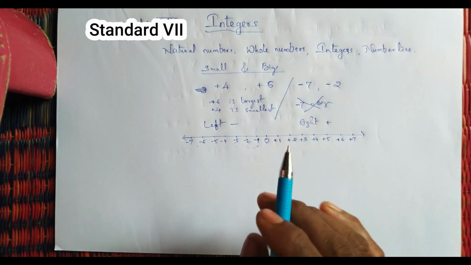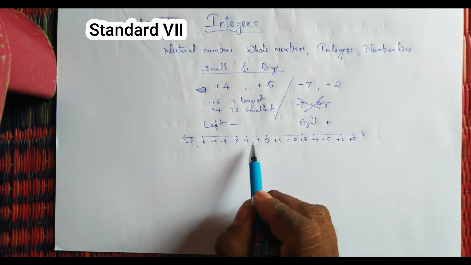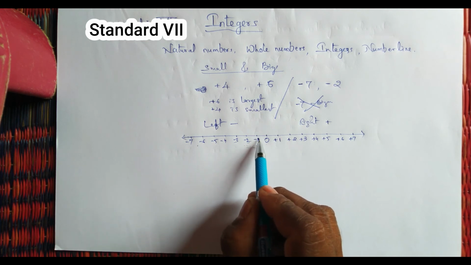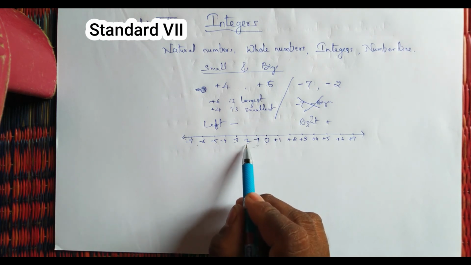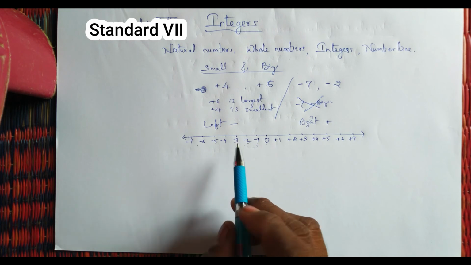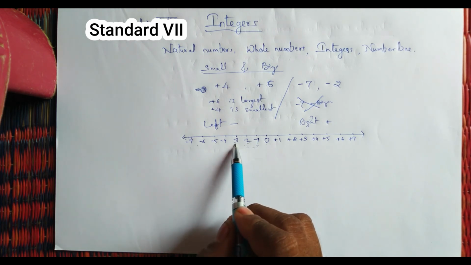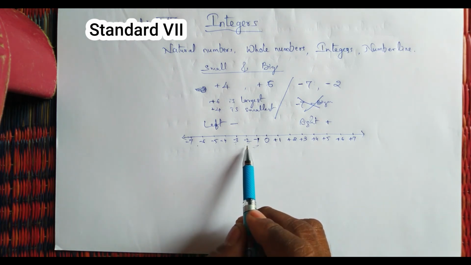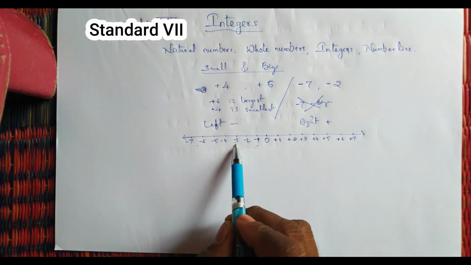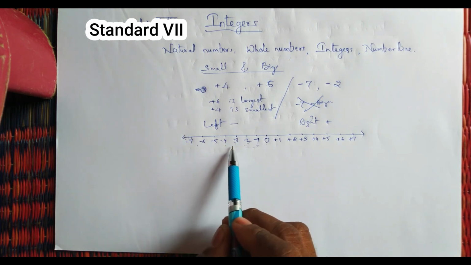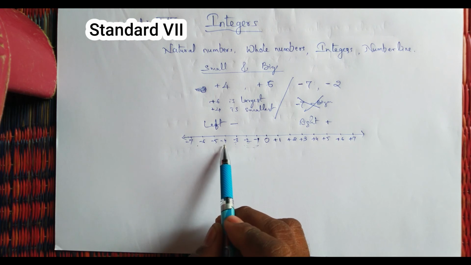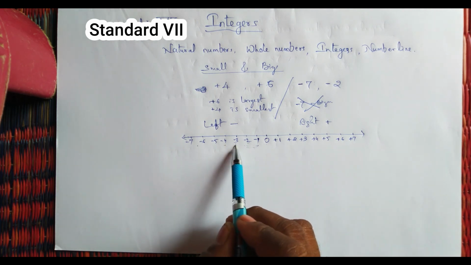Decrease means less. So minus 1, minus 2: in these two numbers, minus 1 is bigger. If I take minus 2 and minus 3, minus 3 is small and minus 2 is big. In minus 3 and minus 4, minus 4 is smaller and minus 3 is big.